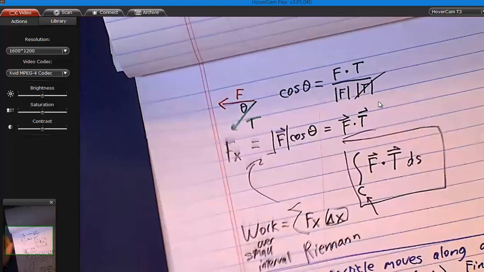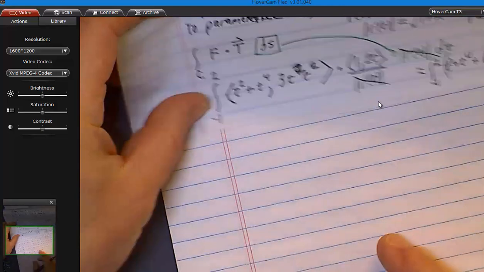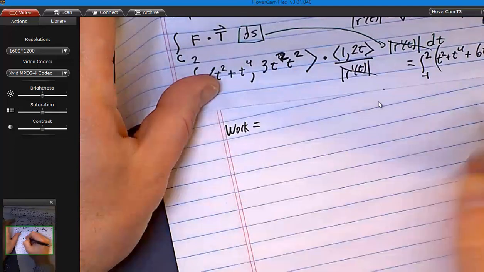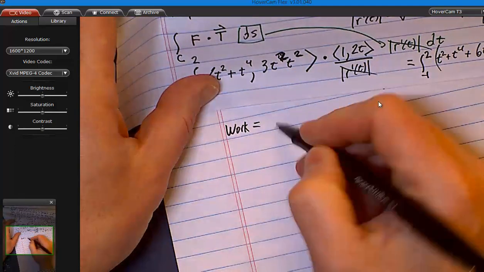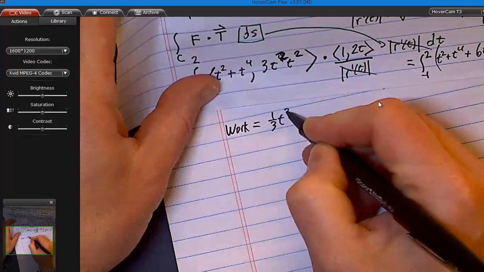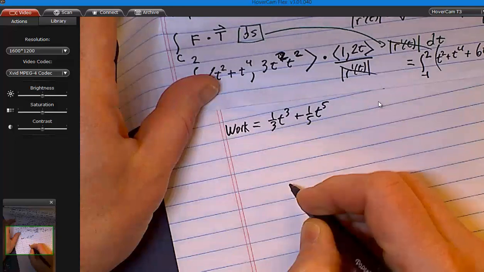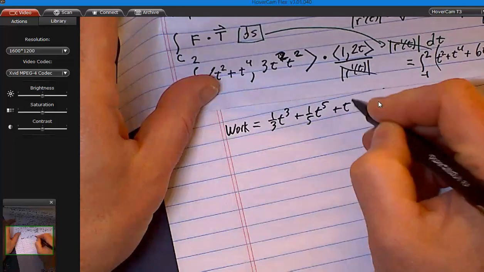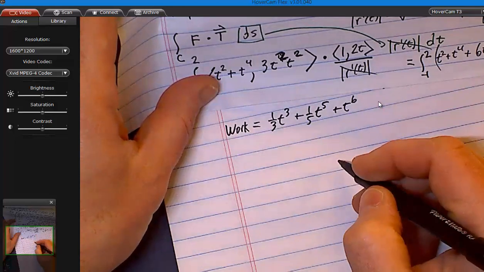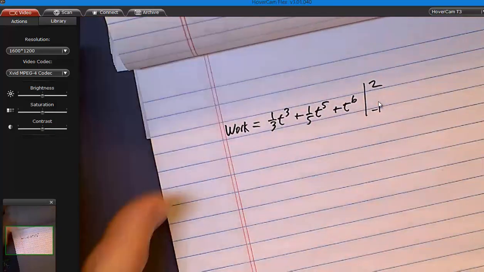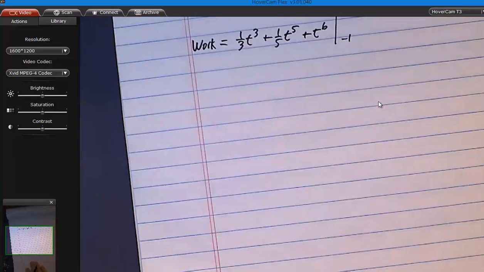Let's see. I have so far the work equals, and if I integrate this, I have 1/3 t cubed plus 1/5 t to the 5th, plus t to the 6th, and we go from -1 to +2, which is pretty nice.